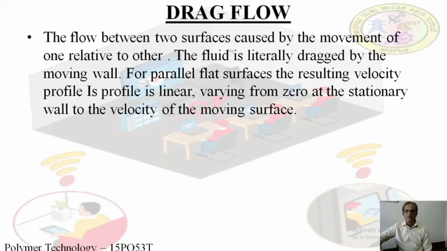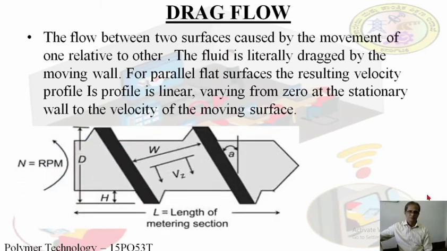For parallel flat surfaces, the resulting velocity profile is linear, varying from zero at the stationary wall to the velocity of the moving surface. This is shown here, this is the length of the metering zone. The flow in this section is a drag flow.